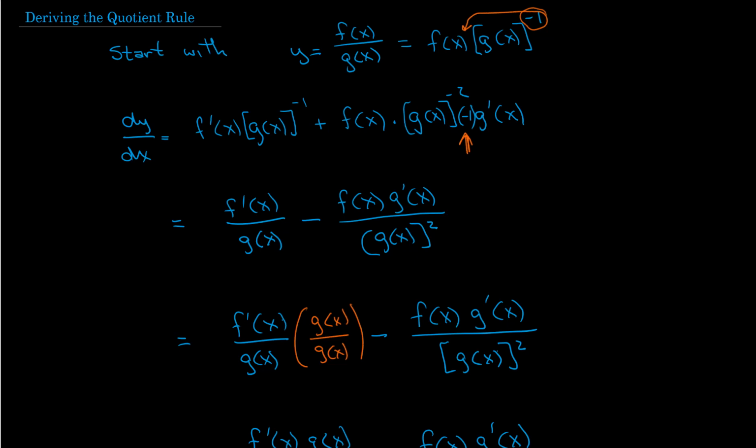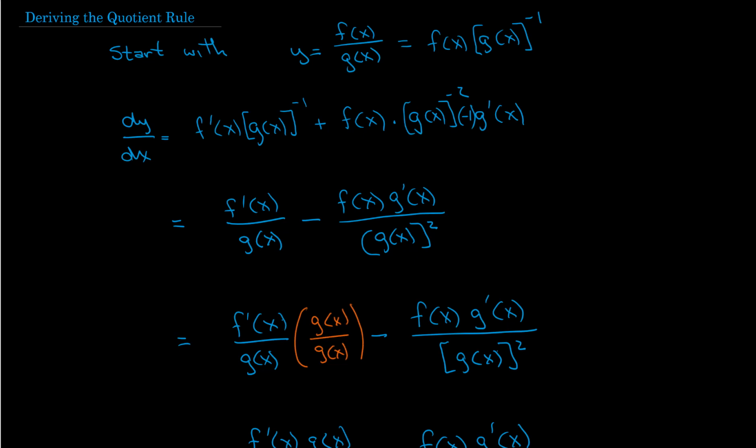And when you subtract 1 from the exponent, -1 minus 1 is going to give us a -2. And the inside function is going to just carry along as is, unchanged. That's the first part of the chain rule. The second part of the chain rule then says, okay, now that we've dealt with the derivative of the outside function, we need to take the derivative of the inside function, which gives us our g prime.